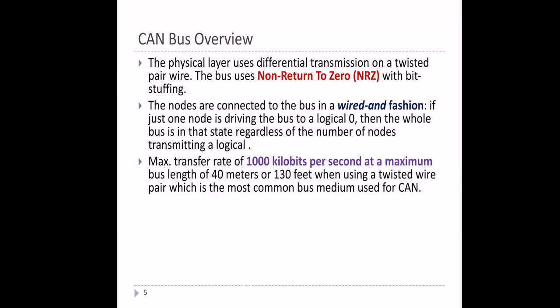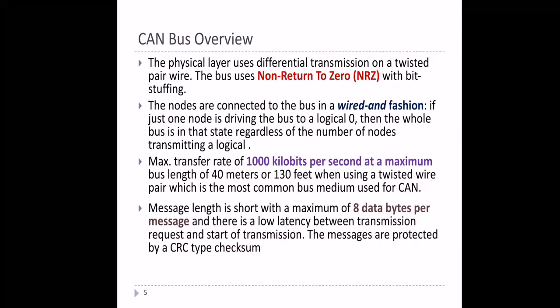Maximum rate is 1000 kilobits per second, that is 1 Mbps, at a maximum bus length of 40 meters or 130 feet when using the twisted wire pair, which is the most common bus medium used for CAN communication. It is approximately 1000 kb, but it is 1024 kb.